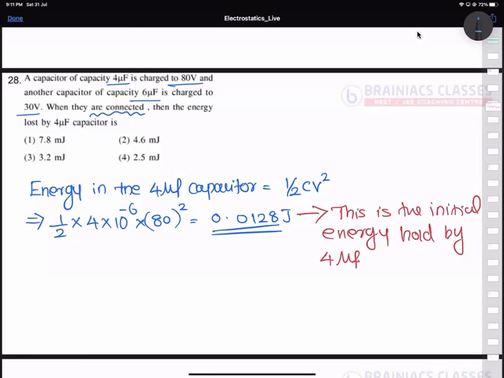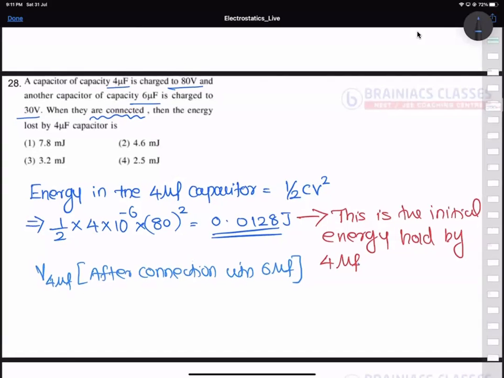What will be the final potential on the 4 microfarad capacitor after connection with the 6 microfarad capacitor? How do we find this voltage?